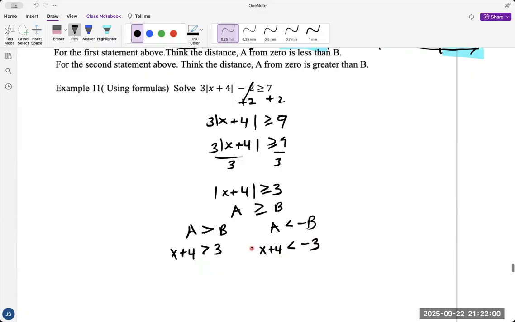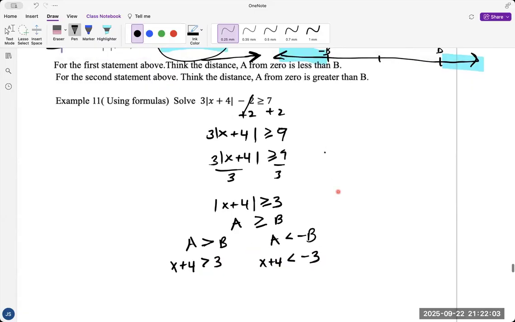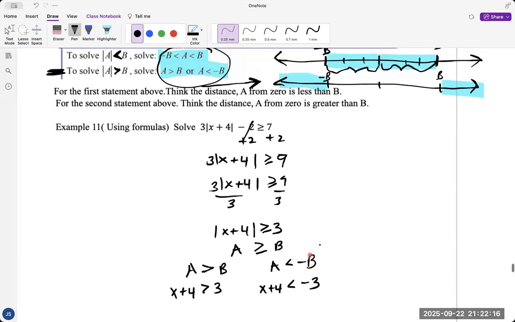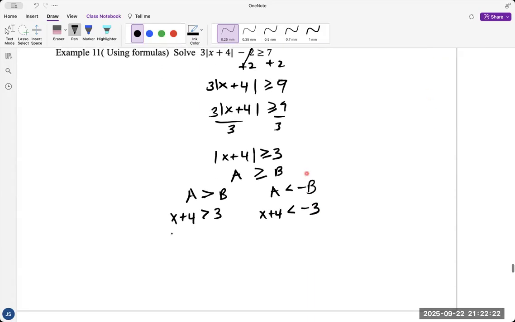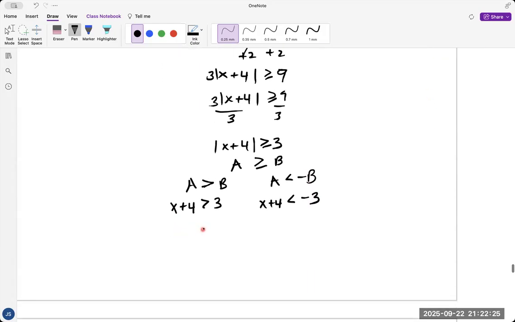So that makes sense because this is greater than +3, or less than -3. So it kind of looks like this second picture here. Now I just solve these. So subtract 4 on both sides, I get x is greater than or equal to -1. I subtract 4 on both sides and I get x is less than or equal to -7.